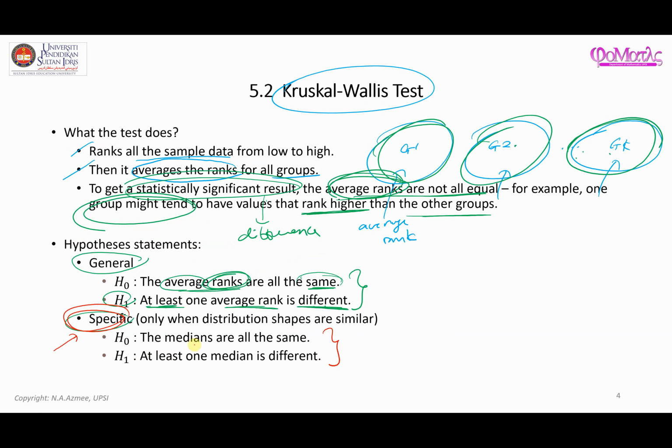The null hypothesis is the medians are all the same. Again, the keyword here is the same, and the alternative hypothesis is at least one median is different. That is the keyword associated with the alternative hypothesis.